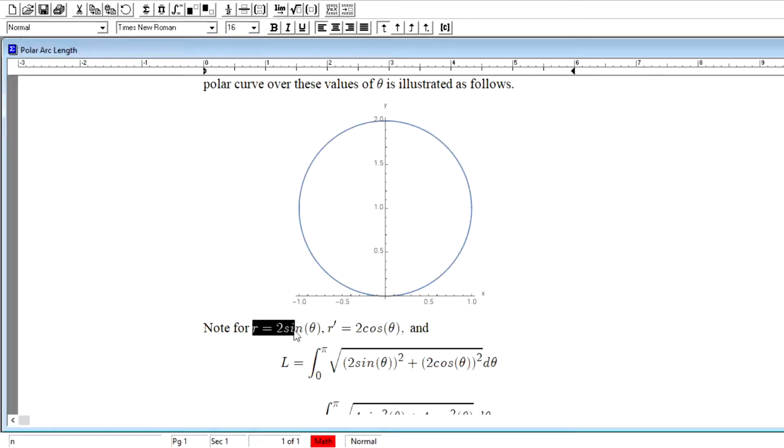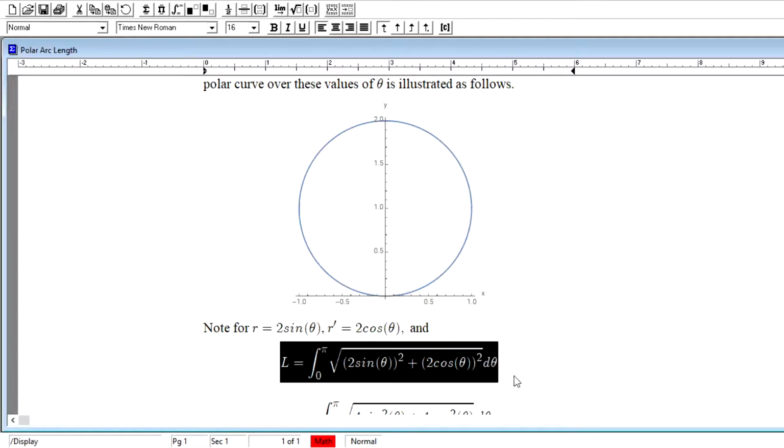This polar curve given by r equal to 2 sine theta, and it was calculated using this integral calculation. Now, you will notice that that polar curve is nothing more than a circle with a radius of 1.